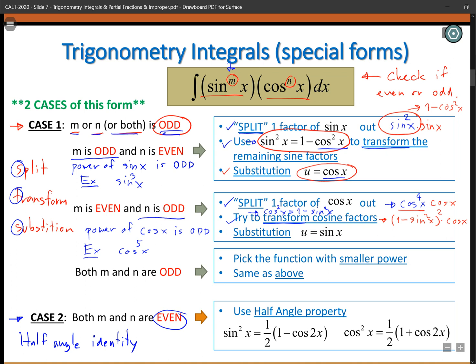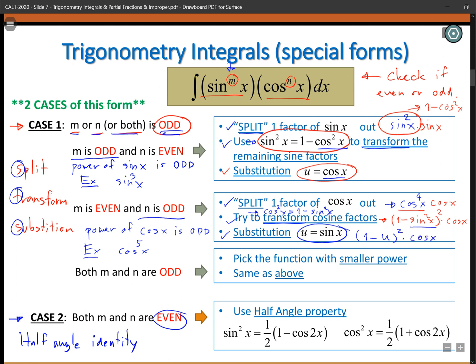After that, we apply the last step, substitution. We substitute with the power, with the new trigonometry function that we got here. And we want to make u equal to sine of x. So in the end, we have this 1 minus u squared times cosine of x.